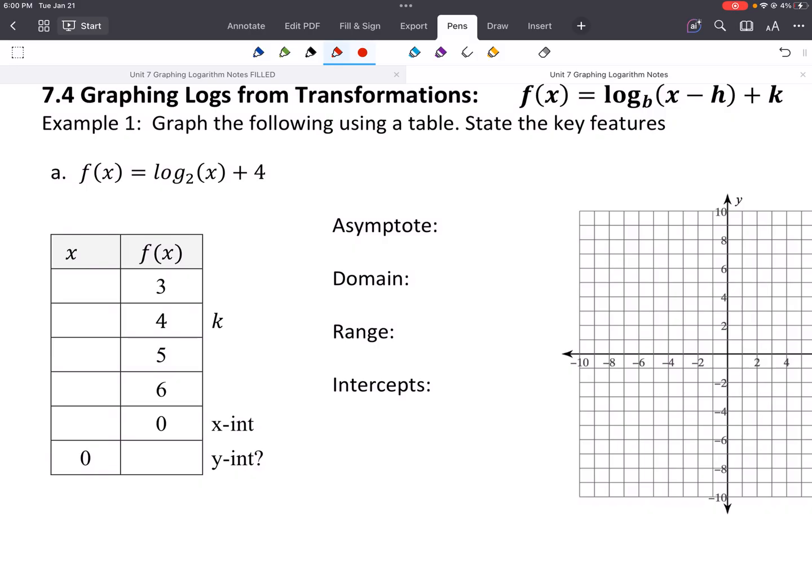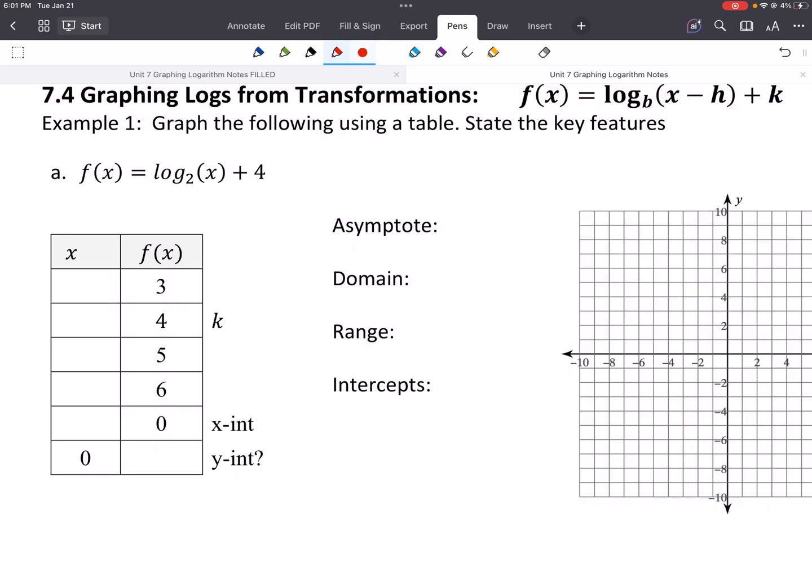So we started with 4, and then we're going to go down to 3 and then up to 5, 6. Usually that's plenty. And then I also put in the 0 for the y. That's your x-intercept. And then 0 for your x, which is your y-intercept. There's not always a y-intercept, so we need to always check that. Usually if we sketch it, you'll see it anyways when we graph it, okay?